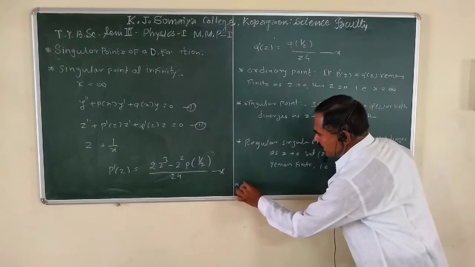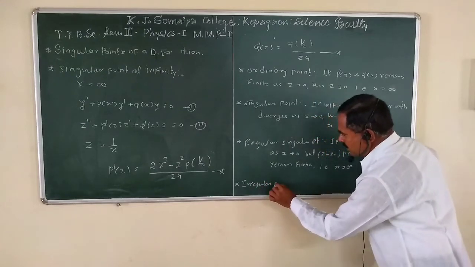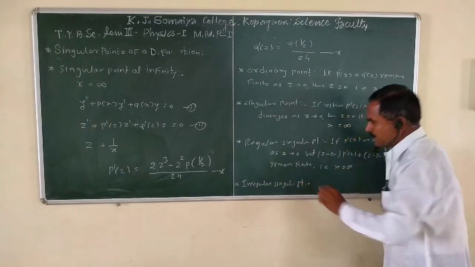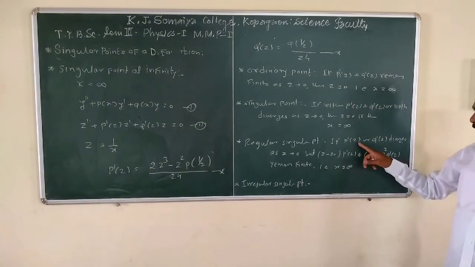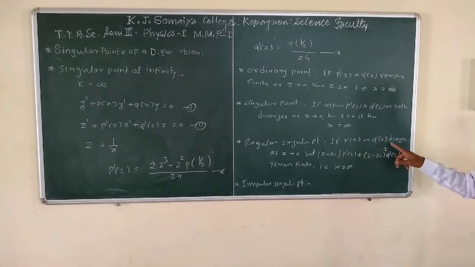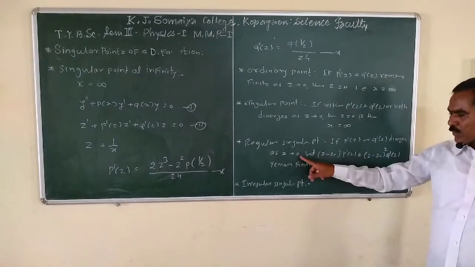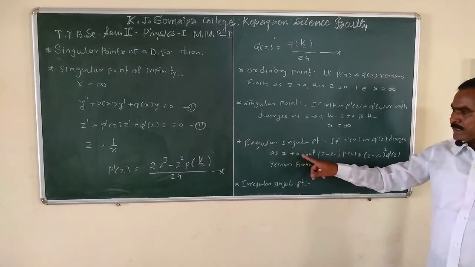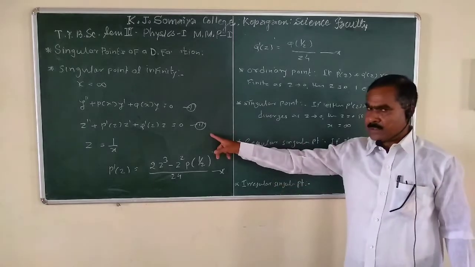Then we define irregular singular point. Again, we consider if P dash Z and Q dash Z both diverge as Z tends to 0, then Z equal to 0 is an irregular singular point of the differential equation second.